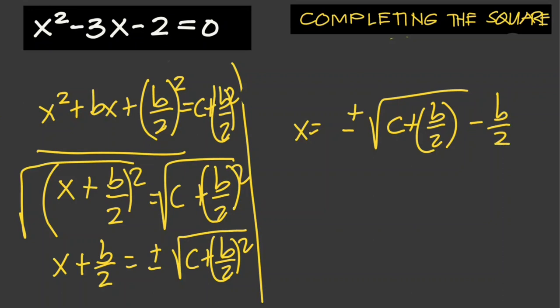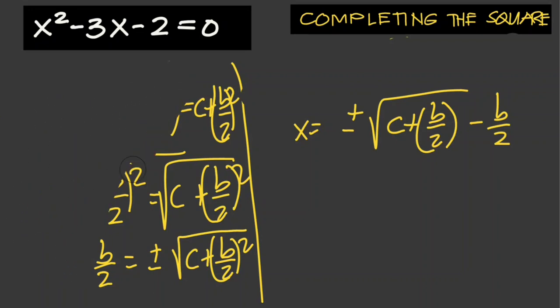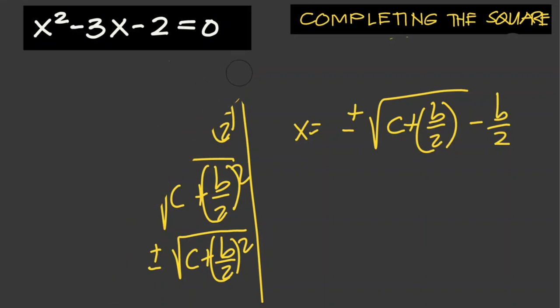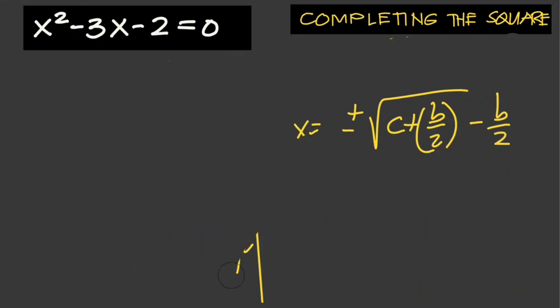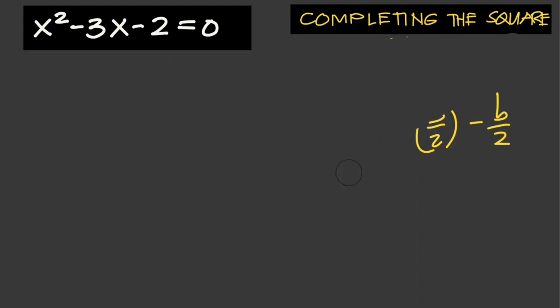Okay, so let's now apply this by solving some problems. We're given x squared minus 3x minus 2 equals 0. The value of a here is already equal to 1, so we don't need to divide the equation by the value of a.